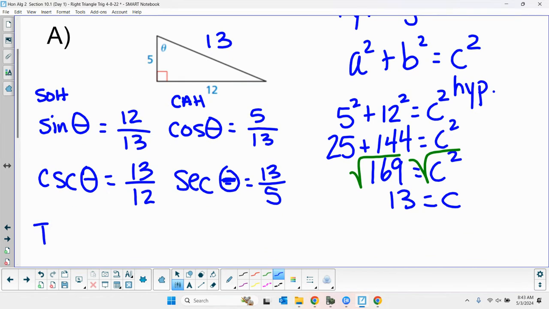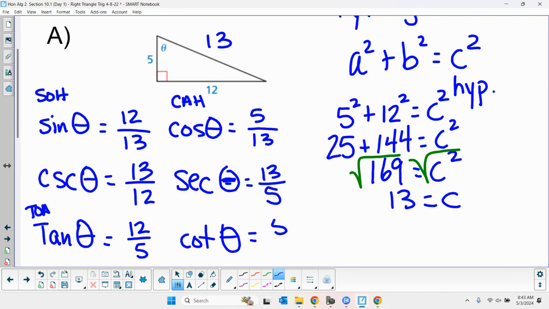Okay. Tangent. Let's see if I can squeeze it. I can't. Tangent. TOA. Here's theta. Opposite 12 over adjacent 5. Cotangent. Flip that. 5 over 12.